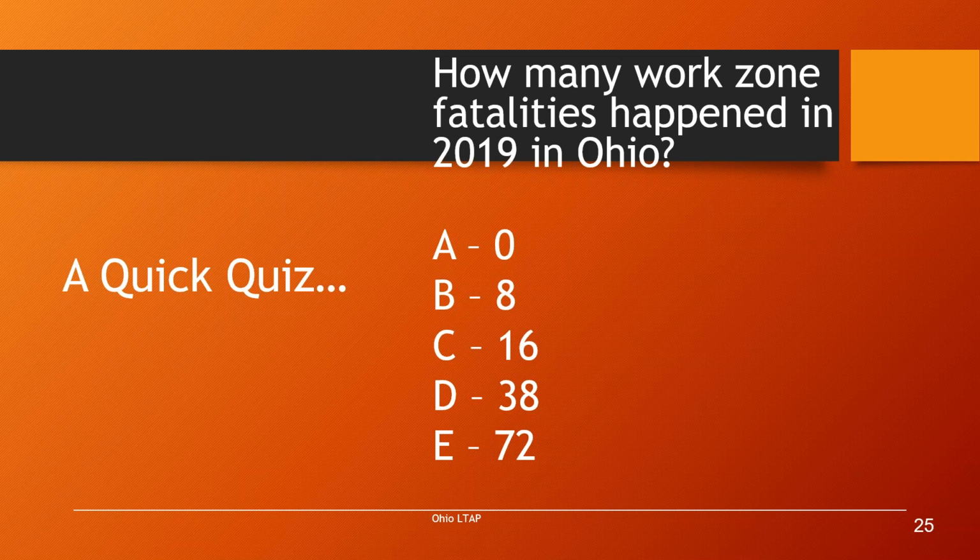But our job, when it comes to alerting the traffic, is to provide enough advance warning for them to know about the work zone so they can adjust their driving, lower their speed, and be prepared for what to do as far as to get through our work zone safely.